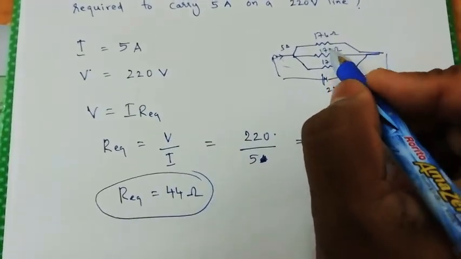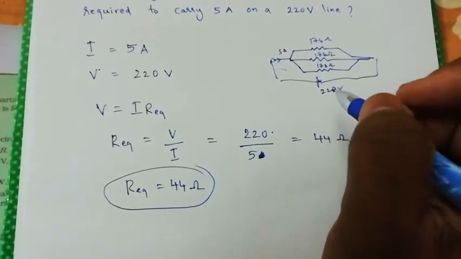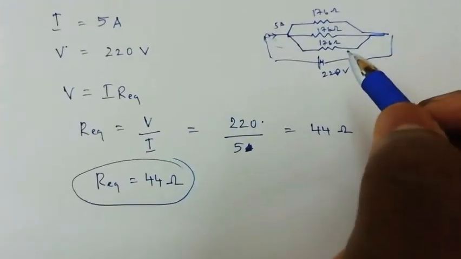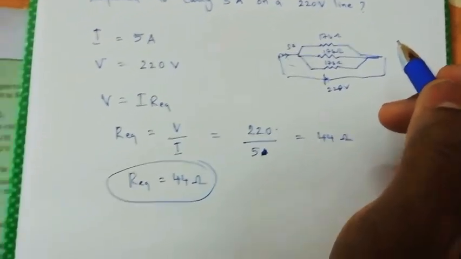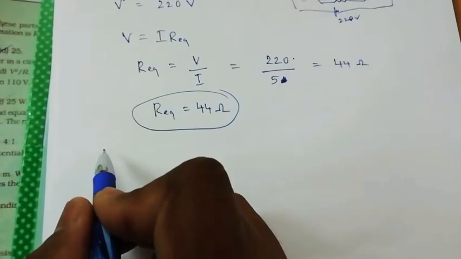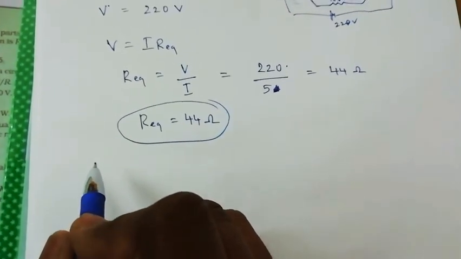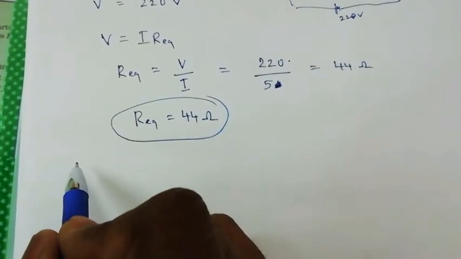This is the equivalent resistance seen on the complete circuit. So now the thing is to find n, the number of resistors. We don't know the number of resistors that need to be connected.